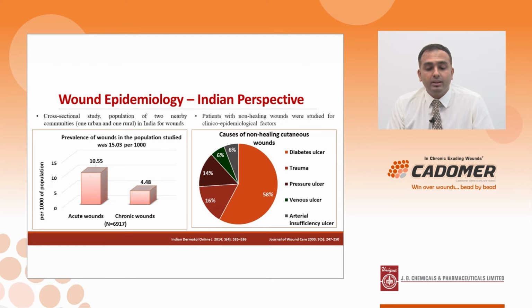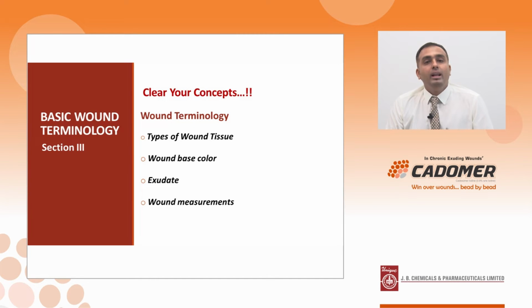The causes majorly include: 58% of patients suffer from diabetic ulcer, 16% because of trauma, 14% because of pressure ulcer, and 6% each because of venous and arterial insufficiency ulcers. I am repeating once again, all the chronic non-healing cutaneous wounds we will be dealing with in much more detail during the Cadomer launch.